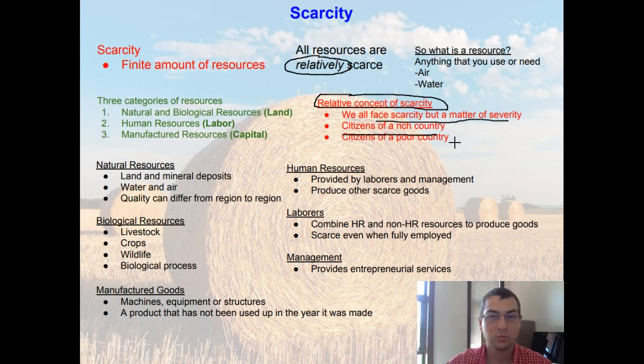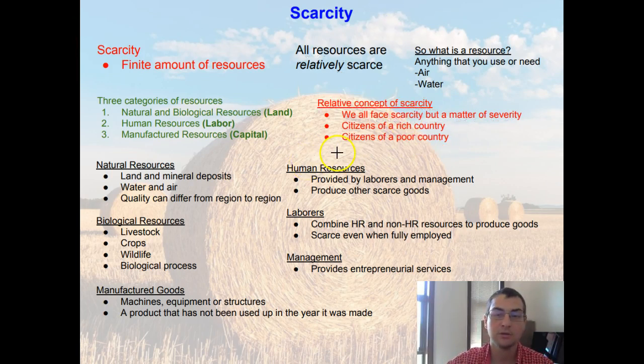And clean water is relatively not scarce here in the United States, especially whenever you compare it to other countries. Maybe a citizen of a poor country has to fight for clean water. So clean water in that poorer country is very scarce. So we all face scarcity, and it doesn't matter where, but it's just to the degree of how scarce our resources truly are.